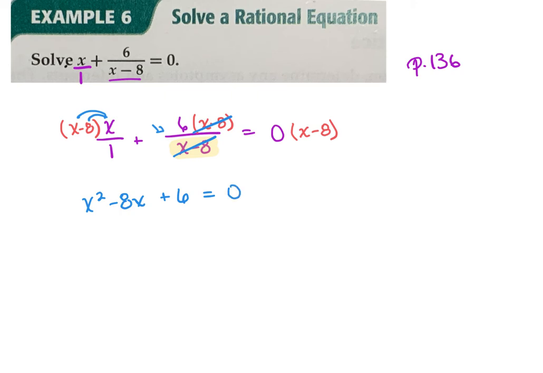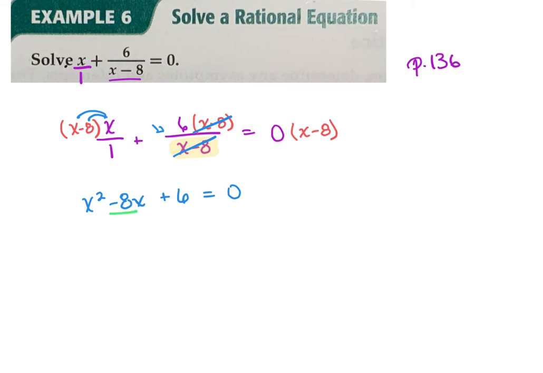All right? If I could factor, I would factor. But there's no factors of 6 that add up to 8, like 1 and 6, 2 and 3. They don't add up to 8, okay? So what's my other way of solving a quadratic equation equal to 0? Quadratic formula, all right? Quadratic formula is negative b.